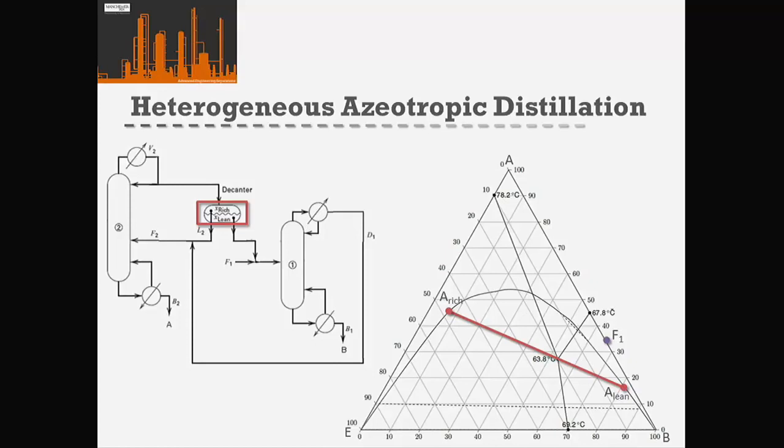So now we need to think, well, what do we do? So we can actually join our A-lean up to our feed. Okay, so if we mix those streams together, what we know is that that combined stream must lie on that green line. Yeah?